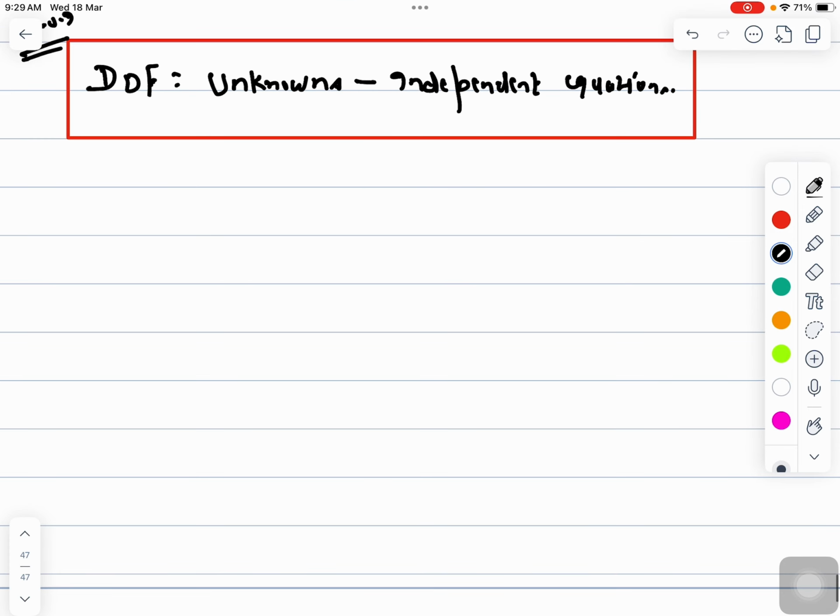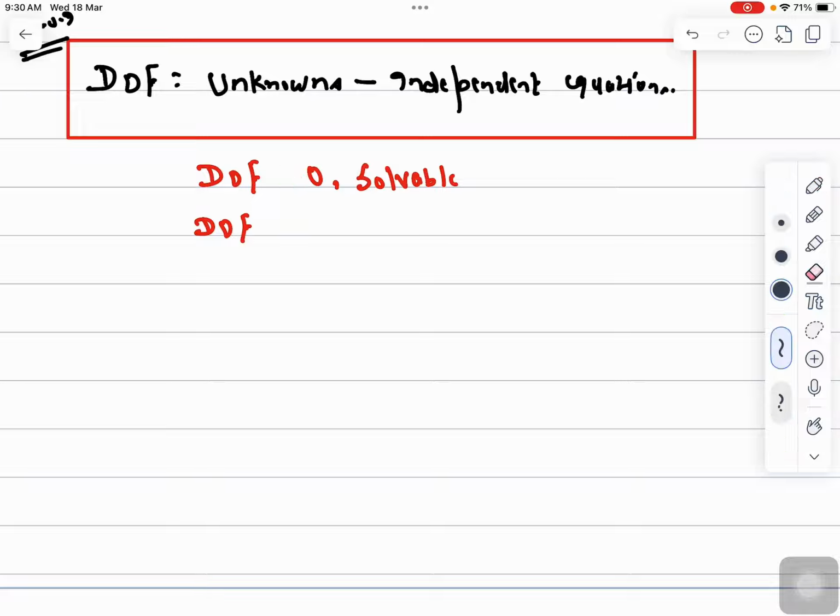So now if we talk about it, if degree of freedom is greater than 0, then the problem is solvable, right? You can solve the problem. If degree of freedom equals 0, then the system needs more information. So you need more information to solve the problem.